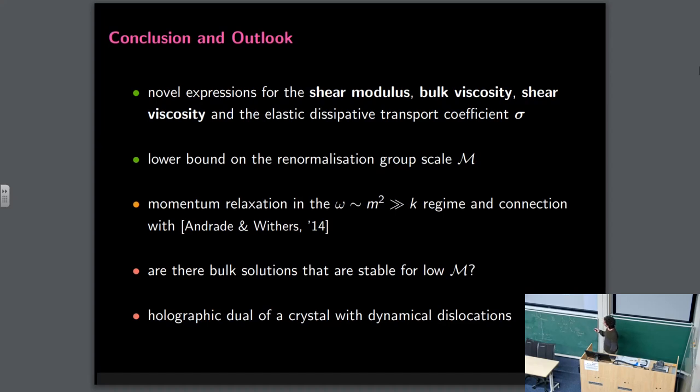And we also investigated the connection with the model by Andrade and Withers. Some open questions are whether we can find bulk solutions that are stable for low values of curly m, and another interesting future direction would be to study holographic models of crystals with dynamical dislocations.